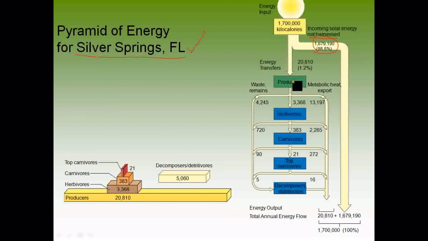The producers do their magic. They do photosynthesis, and then the herbivores come around, and it's time for them to eat the producers. Well, remember the producers started with about 20,000, and now the herbivores are left with about 3,000. 4,000 of it ended up in plant waste.